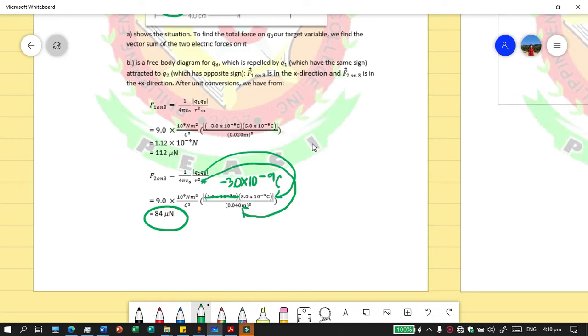This is the force exerted by charge 1 on charge 3. Okay, take note of the changes that we have made here kasi nagkaroon tayo ng error sa pag-type. Meron tayong typo error. Type error. Ano bang tawag dyan?